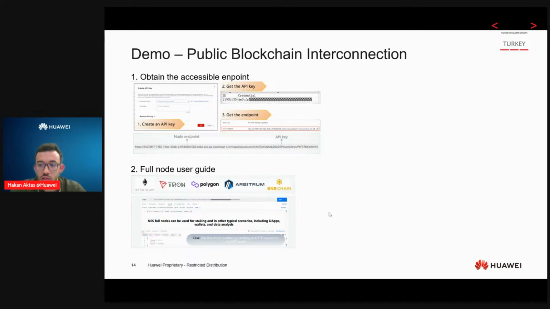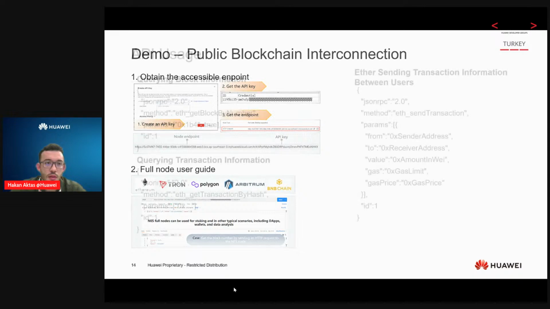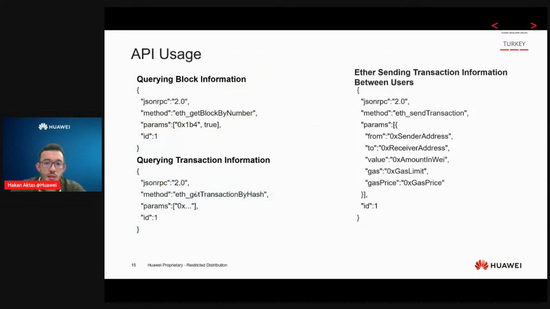This guide covers how to use the node for tasks such as decentralized applications, wallets, and data analysis. So, which types of API can we use? You can see the API usage here. Some examples of API usage for interacting with blockchain data.